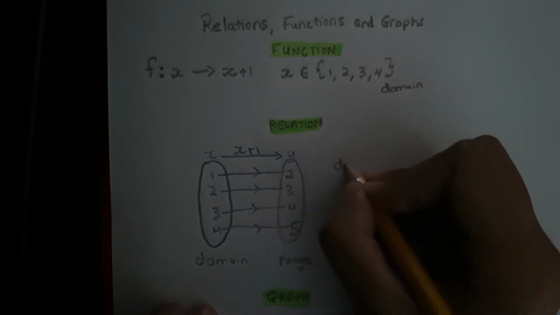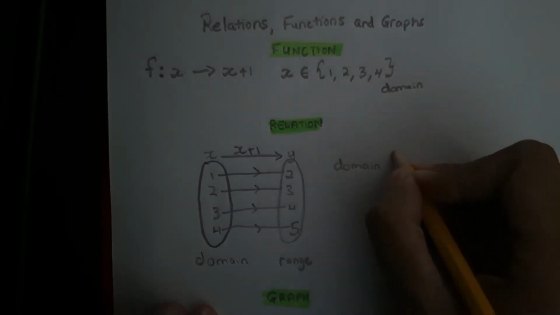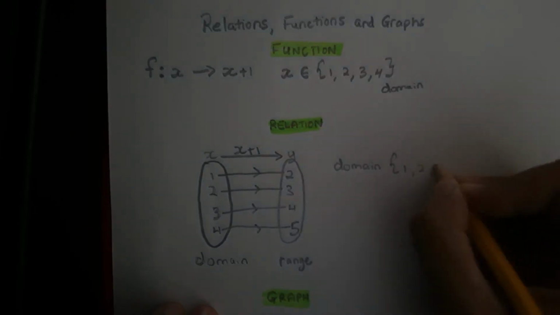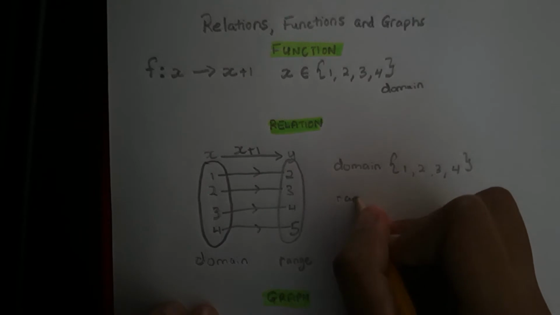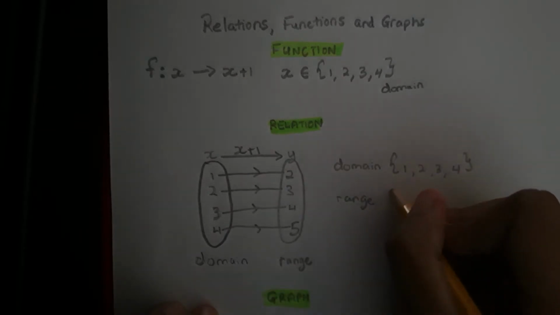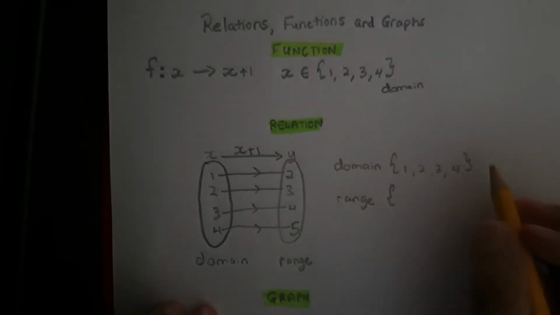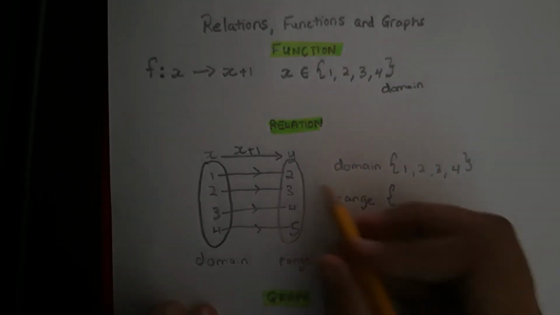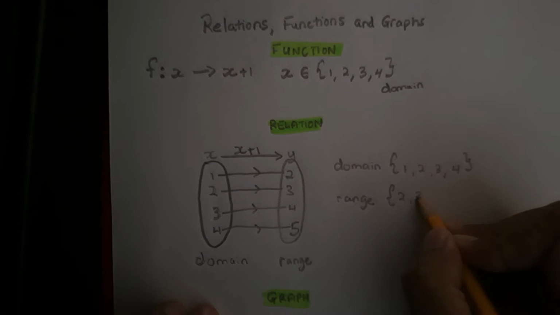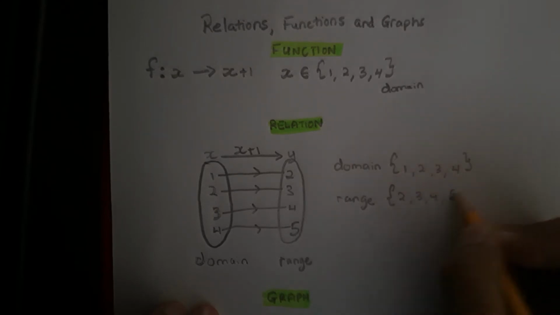So let's just summarize. Domain, as seen above, 1, 2, 3, and 4. And the range would be the set of values obtained after your domain values have been placed into your relation or into your function. So our range this time would be 2, 3, 4, and 5.